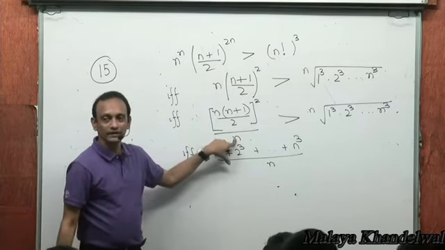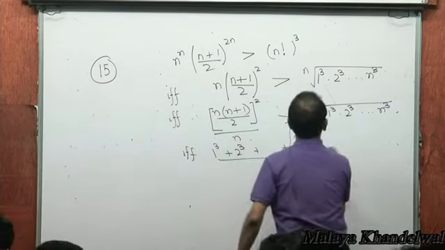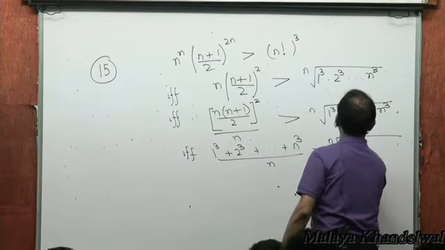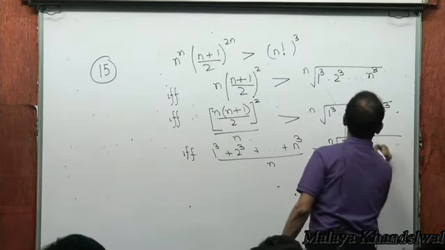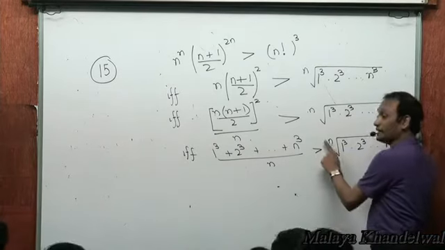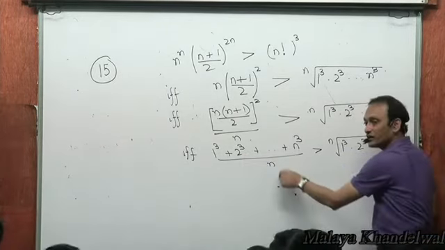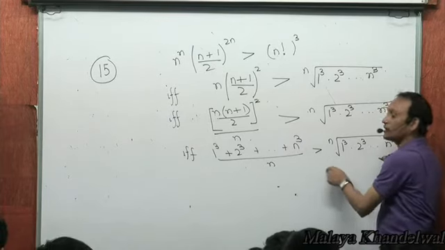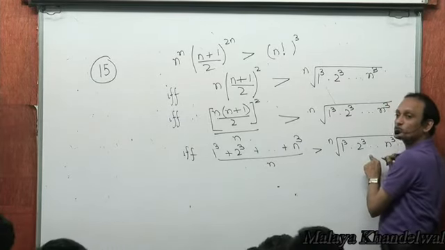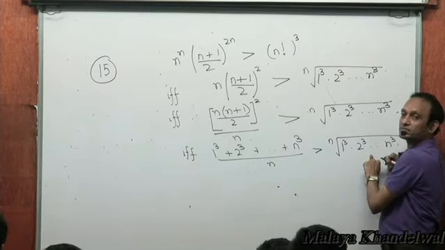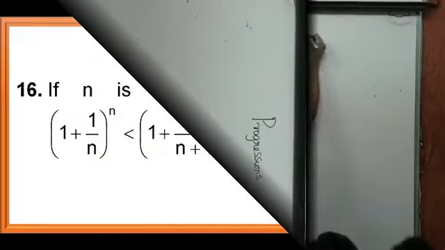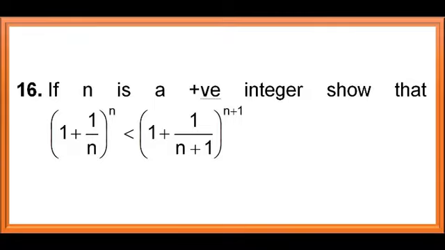And then by n, which is greater than the nth root of 1 cubed into 2 cubed into n cubed. The right hand side is the geometric mean of these numbers. The left hand side is the arithmetic mean of these numbers. Arithmetic mean more than geometric mean is the statement. Yes or no?